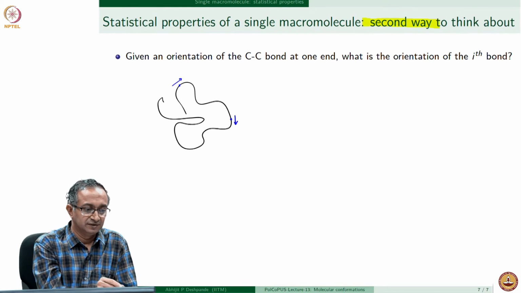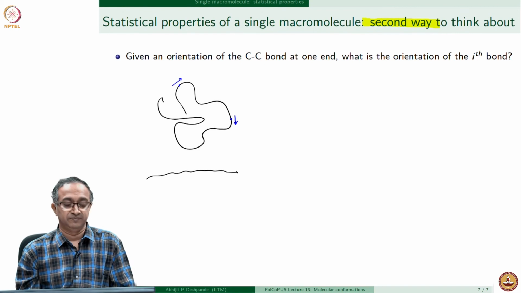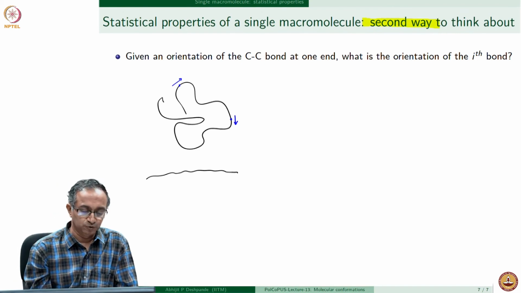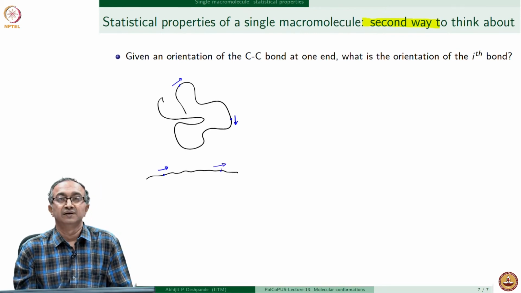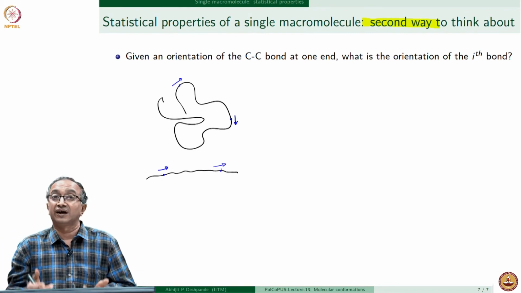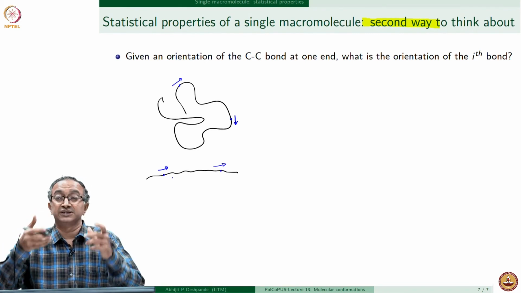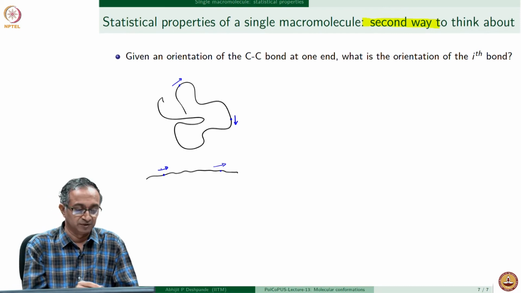If I have a rod-like molecule, then it will be like this. If I take any 2 points on that chain, we can see that the orientations are closely related to each other. Because it's a rod-like molecule, conformational changes are not easy, and no bond rotation is possible. So if I know the rotational state of one bond, I also know the orientation state of another bond.